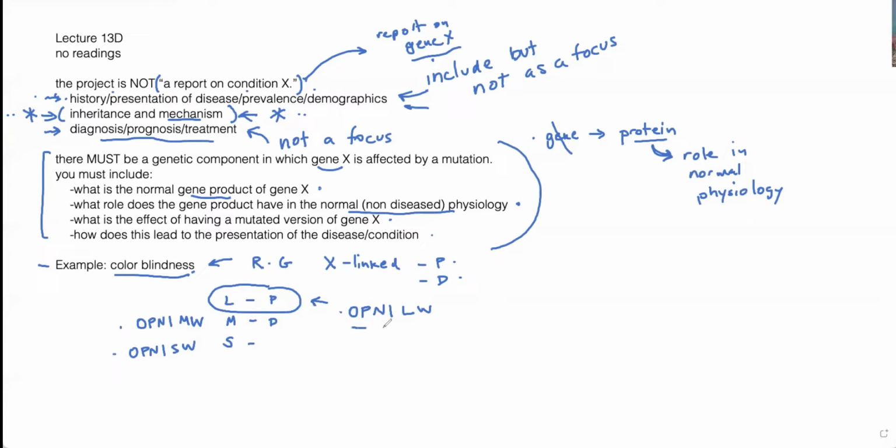So this is the gene that normally results in a gene product that produces the opsin pigment. You spell pigment with a T at the end, don't you, right? Okay, so opsin pigment, which is required to distinguish the long wavelengths.